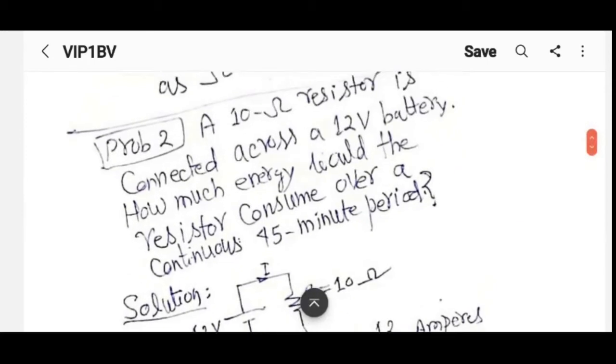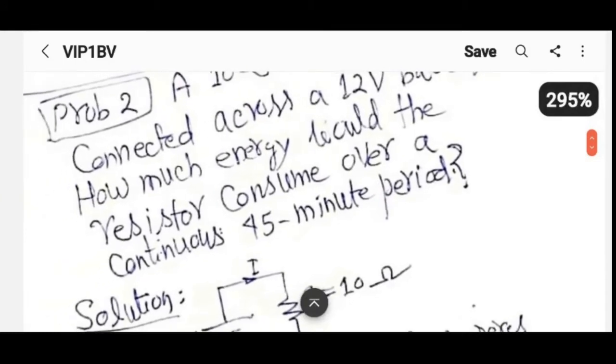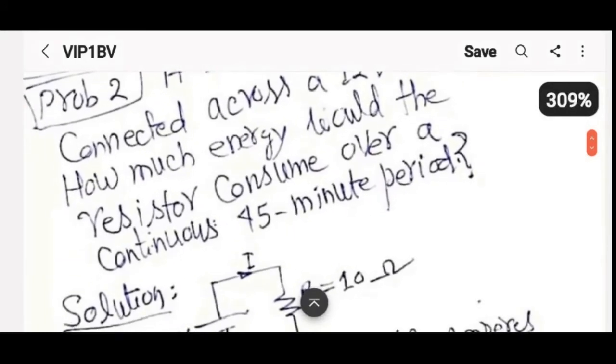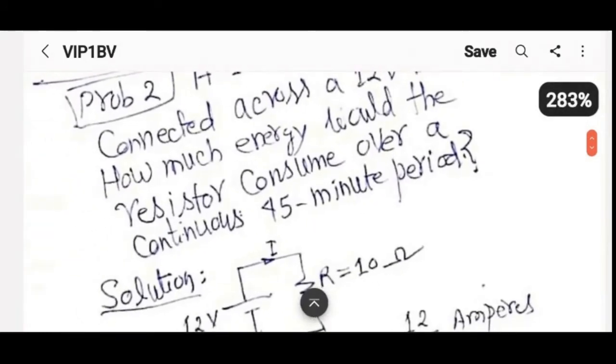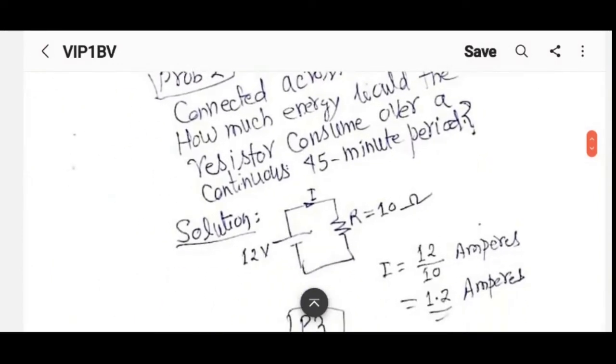Now the question is, calculate the energy consumed. How much energy would be consumed by the resistor over a 45-minute period? For that, you take this power value and multiply it by the time involved in seconds to get the answer in joules.